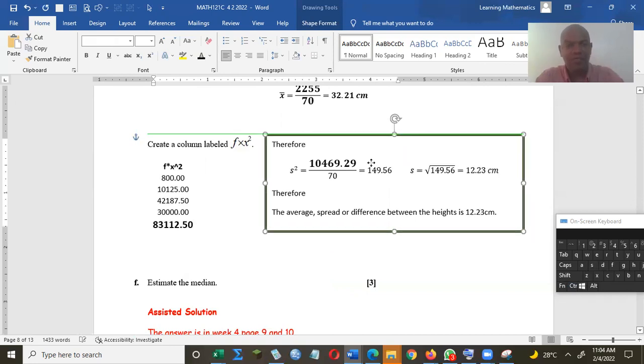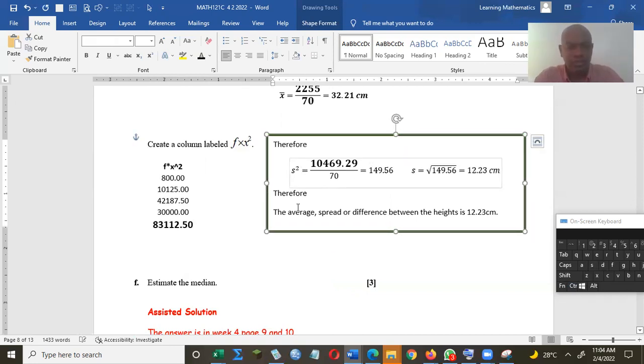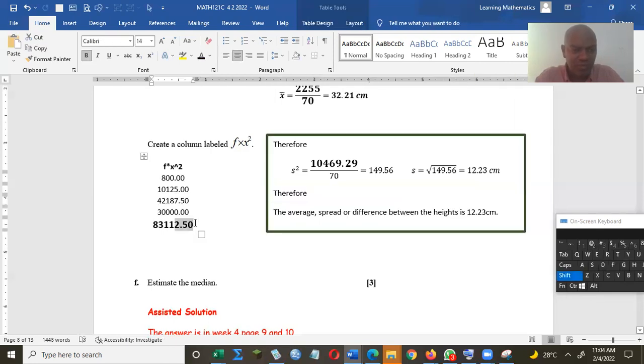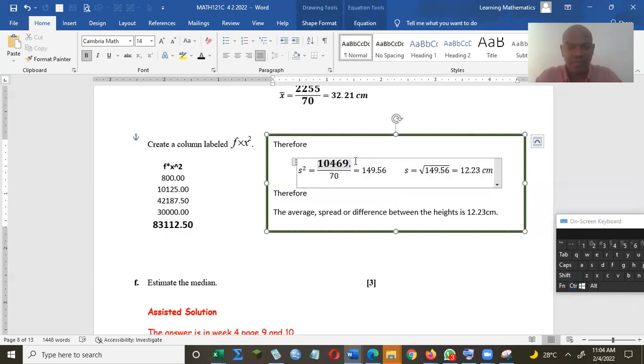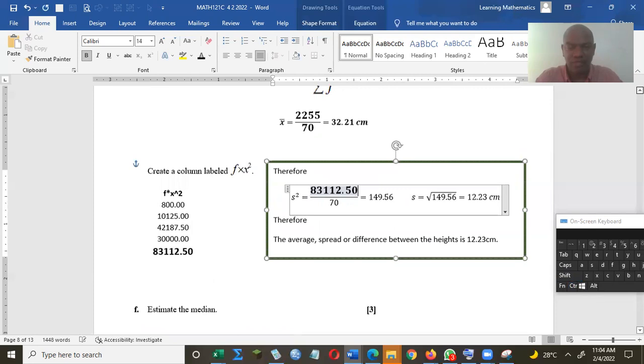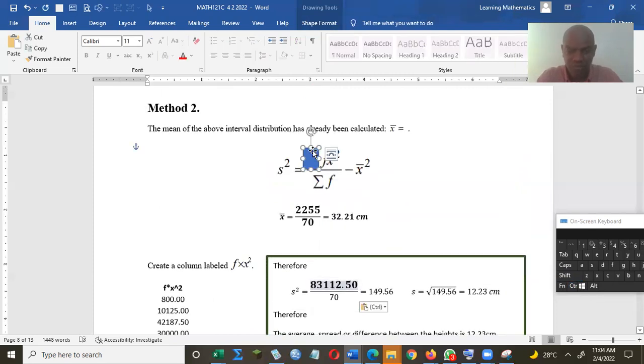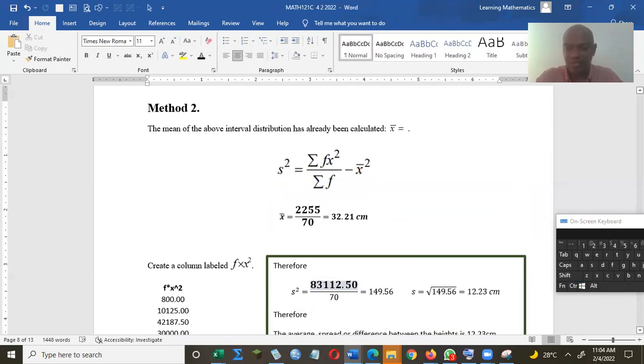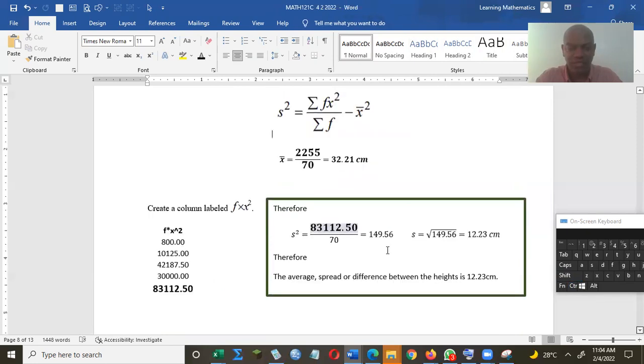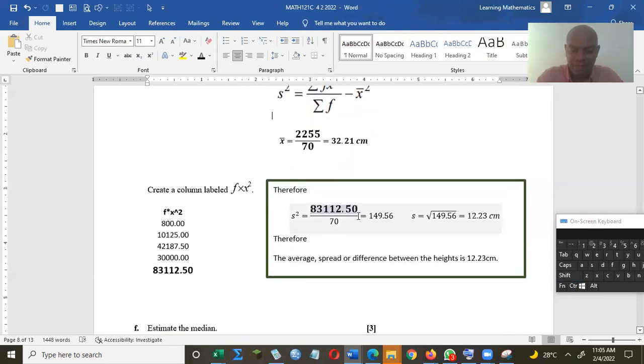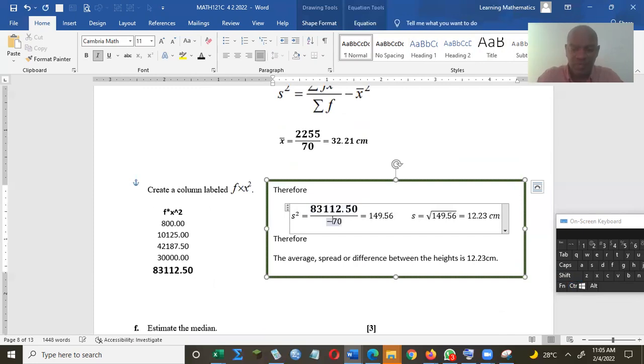So therefore, the variance now is equal to the sum of fx squared, the sum of the fx squares, here it is, sum of the fx squared, okay, because we have found the fx squared and we summed it, so now we can reveal sigma because we have summed the fx squared minus the mean squared.